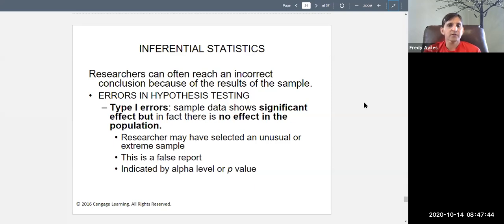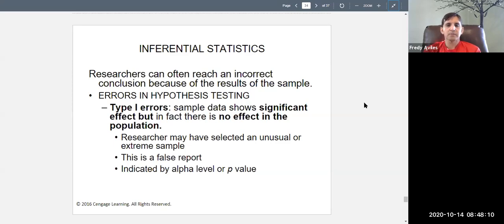But a type 1 error is when you find a significant difference. In other words, you found a real difference in your sample, in the people you tested, but there's no real difference in the population. It's not real. In the population, no such difference exists. So what happened here is that the researcher may have selected an unusual or extreme sample. Maybe the people you selected don't really represent what's happening in the population.